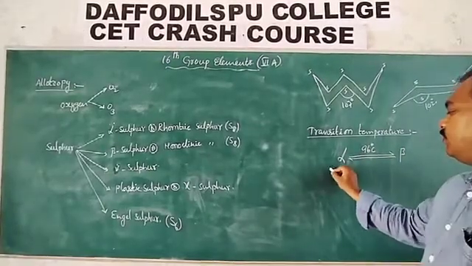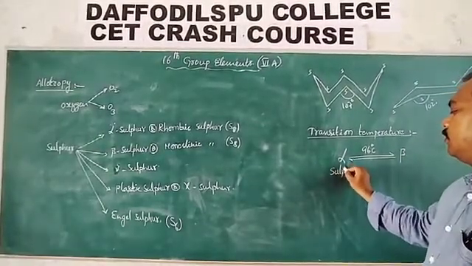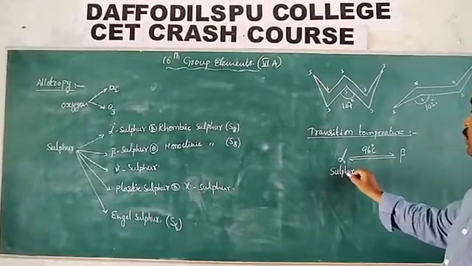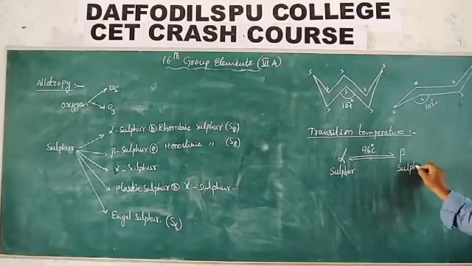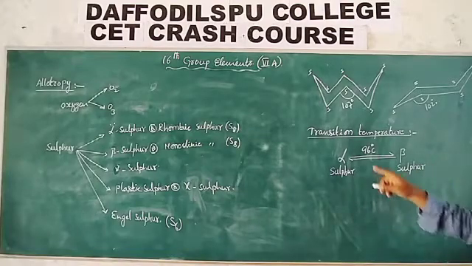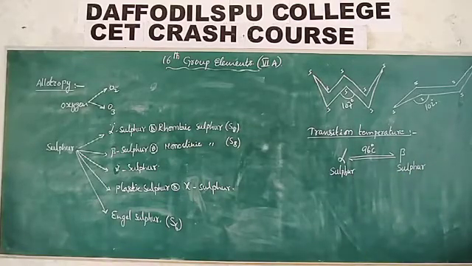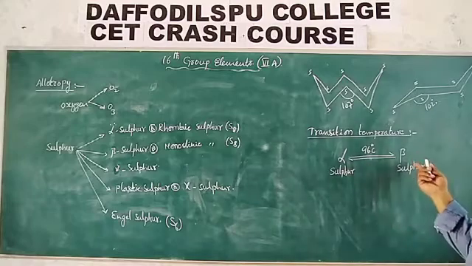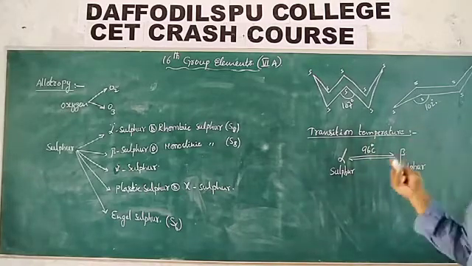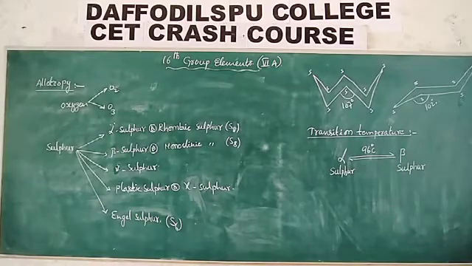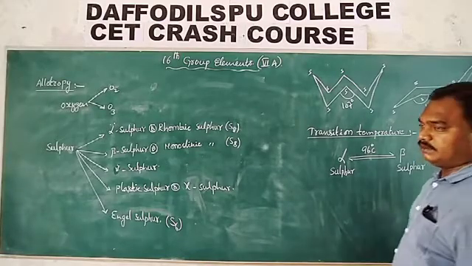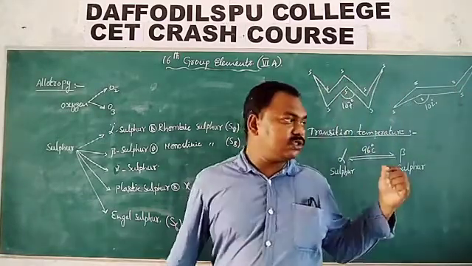This is alpha sulfur and this one is beta sulfur. The temperature required to convert alpha sulfur into beta sulfur is the transition temperature, which is 96 degrees centigrade. You can convert that into Kelvins also.